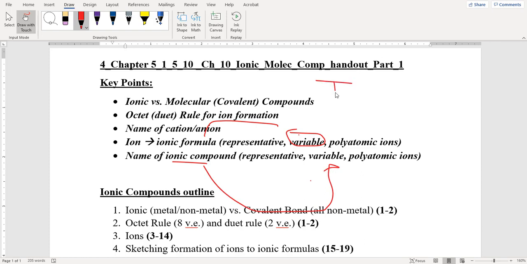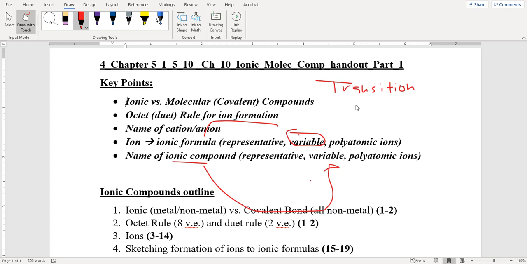Variable ions tend to be found, not always, but tend to be found in the transition elements. And just as the name speaks for itself, elements are in transition. One of the properties that's in transition is the charge type.